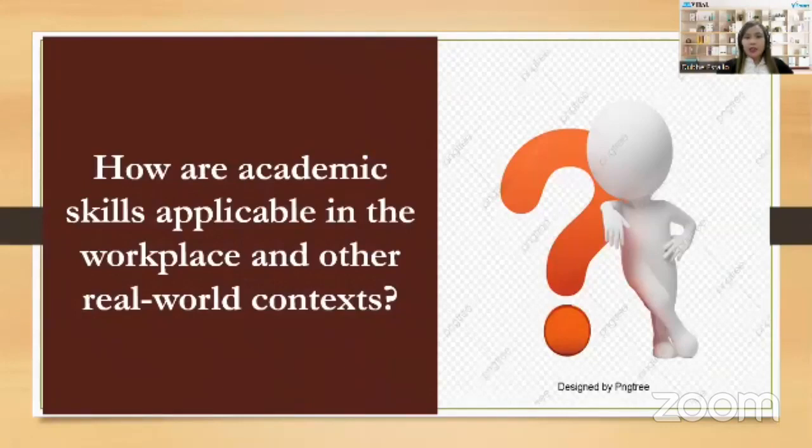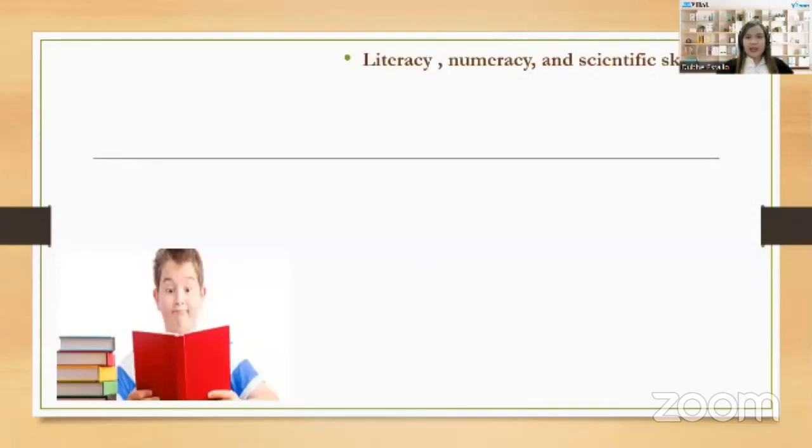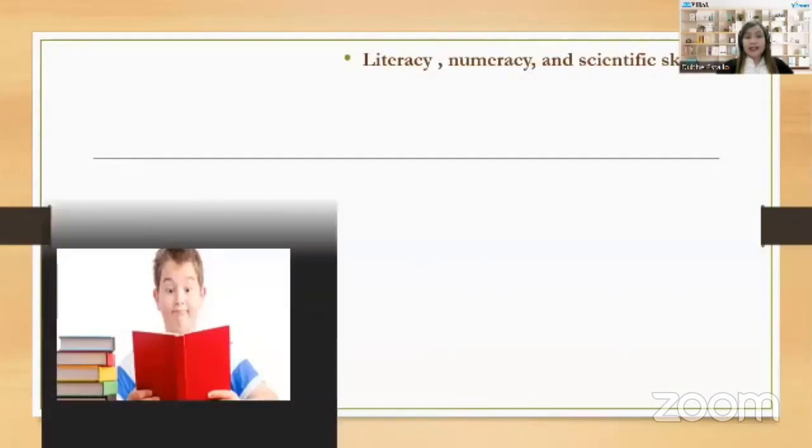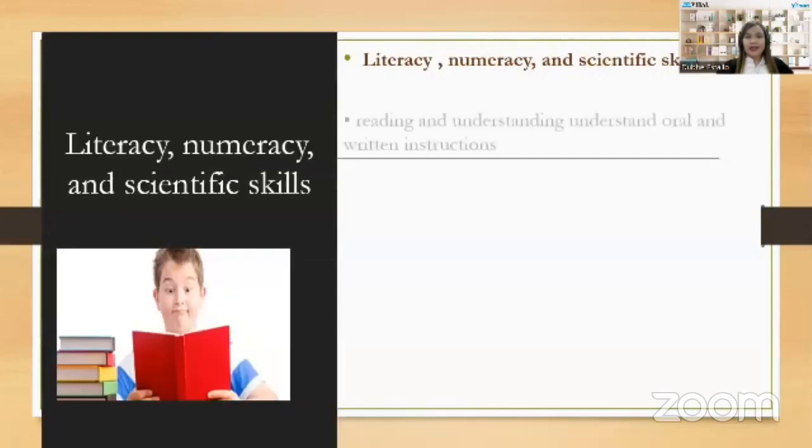So, how will our students be able to apply these academic skills, which they will have learned in school, when they go out into the real world, when they work, when they have their own businesses, and even in their day to day living? Let's begin with the first category: literacy, numeracy, and scientific skills.